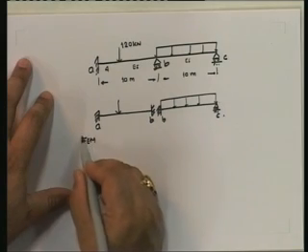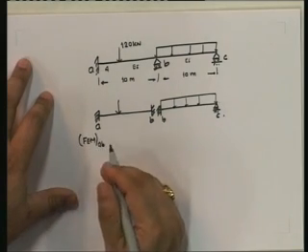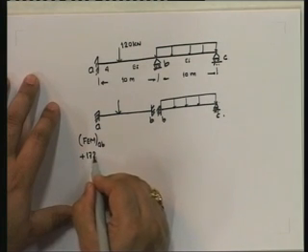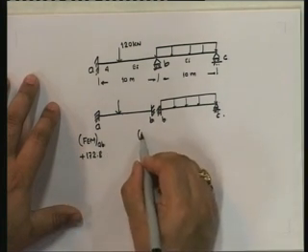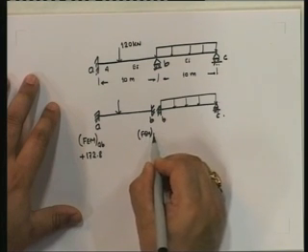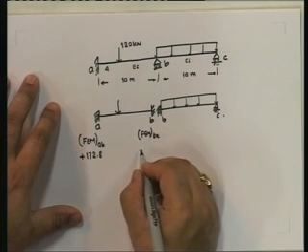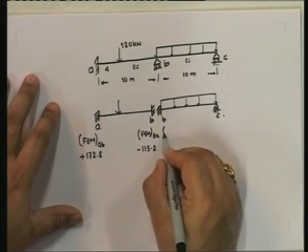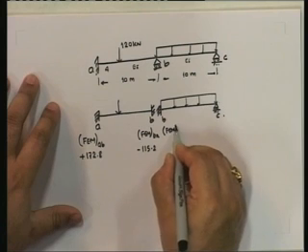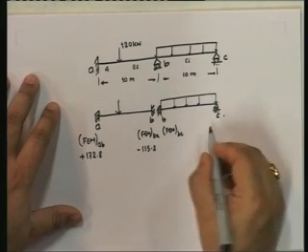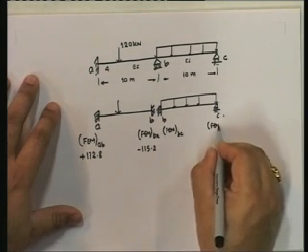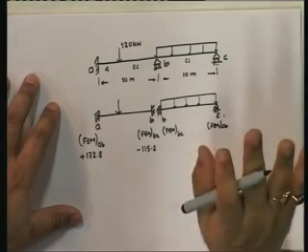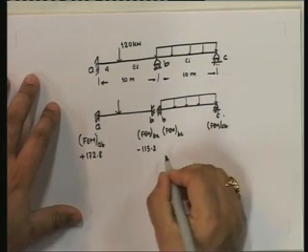Fixed end moment at AB is equal to plus, and at BA is equal to minus. Now I am going to calculate the fixed end moments at BC and CB as if they did not exist, as if this was clamped. It is not, but I am going to compute it that way.